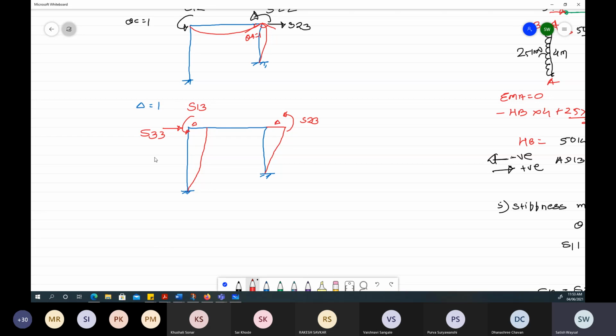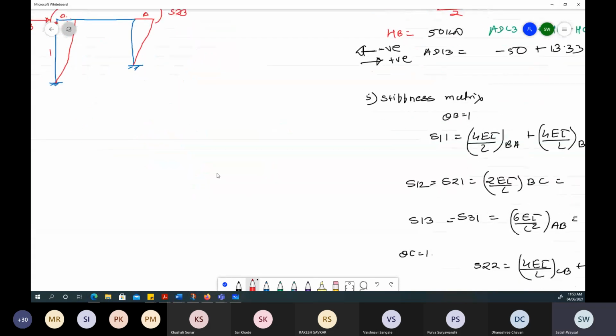So only S33 we have to work out. For delta equal to 1, S33 is 12 EI upon L cube. If we apply this much force, the displacement will be 1 for this column, but that will be again for this, so we have to add these two.